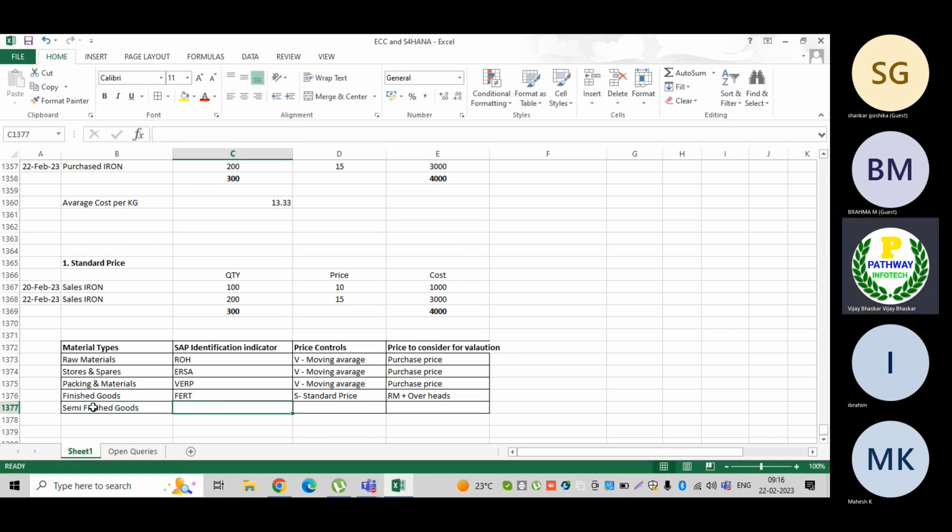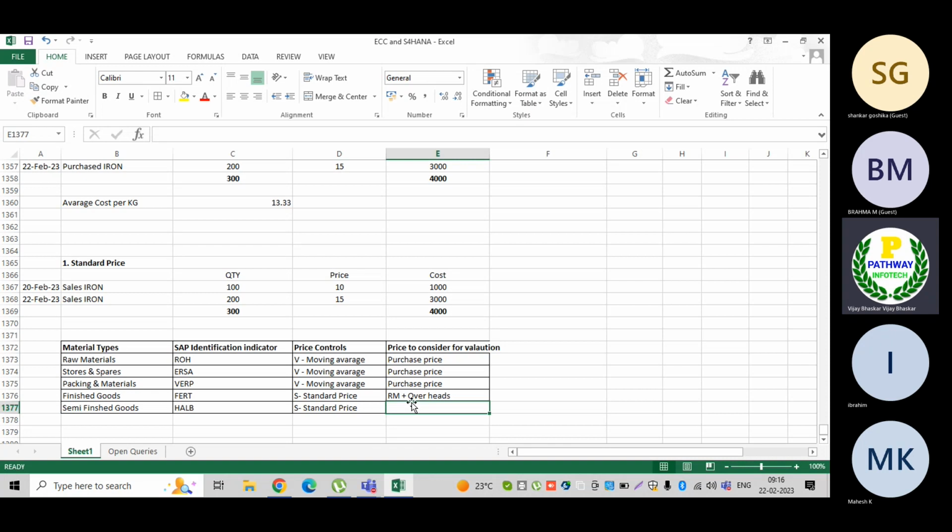HALB. This is also the standard price. So it is purchase price only for raw material, and for this it is the standard price only that we are going to use.